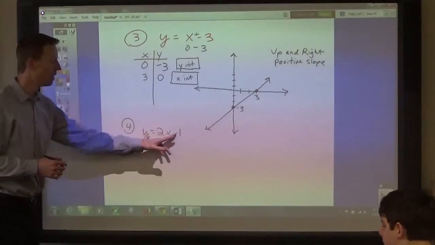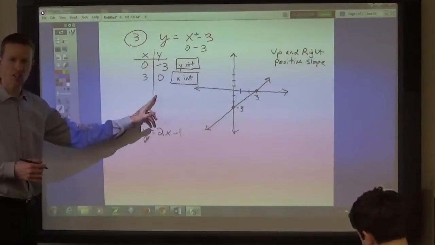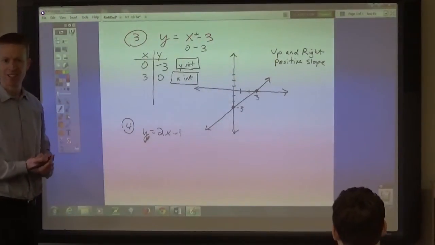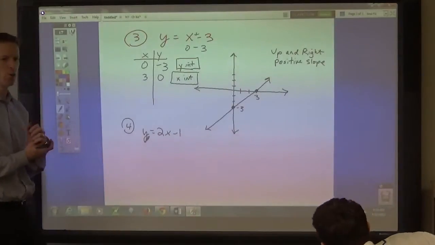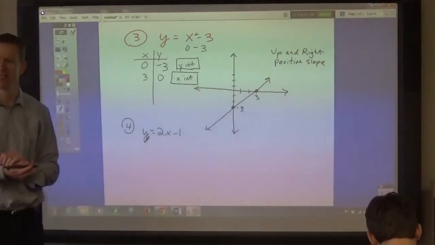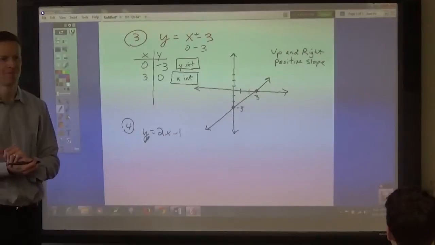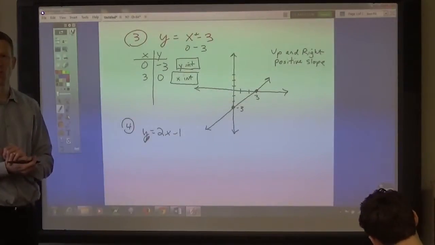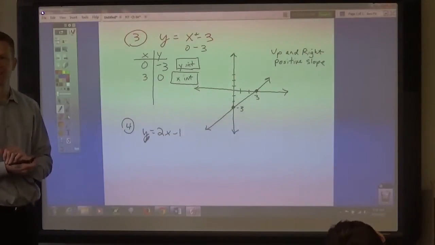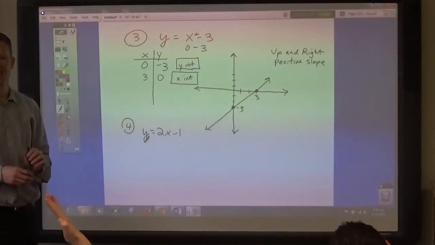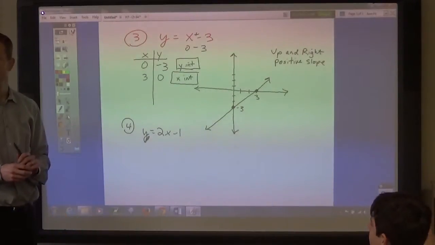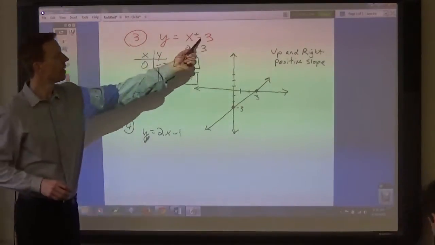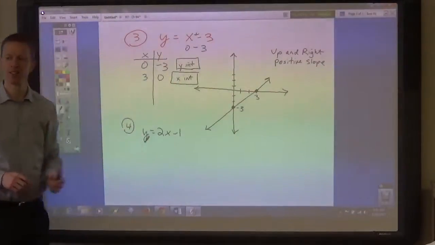So we just need to, again, make a chart. What do you think the y-intercept will be? Anyone guess what the y-intercept will be? It was negative 3 in the last one.